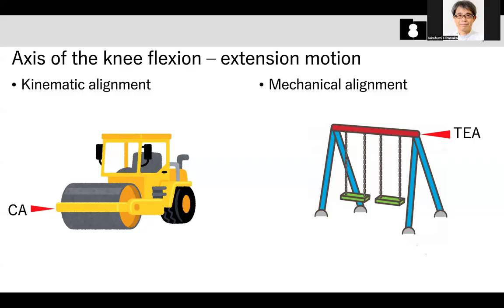On the other hand, ligament tension and ligament balance are the most important thing in mechanical alignment to make a balanced flexion and extension gap. So this is the difference of the two philosophies.